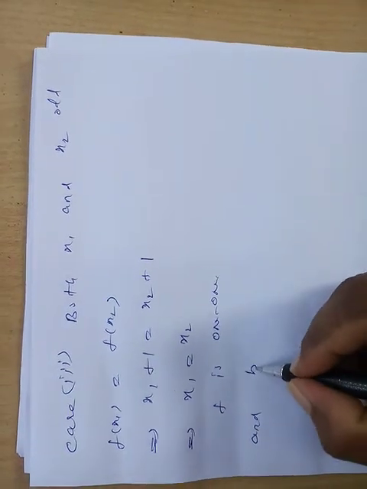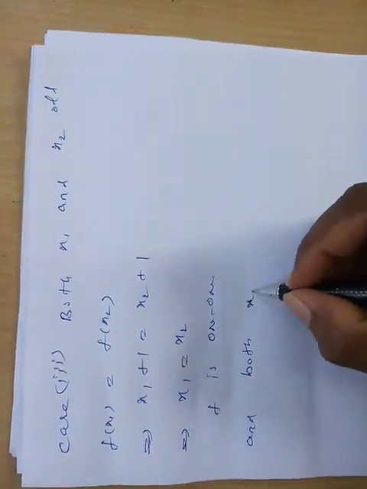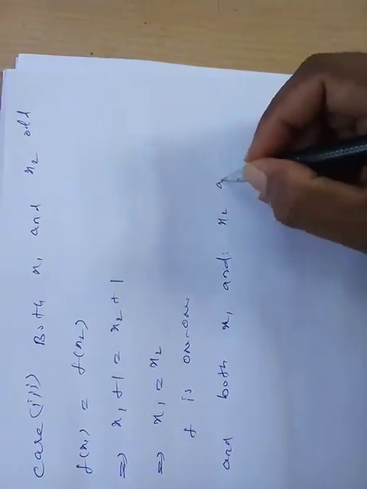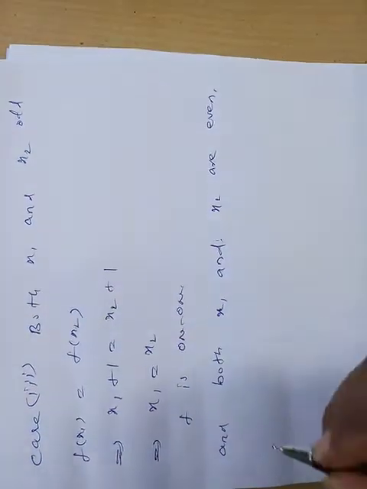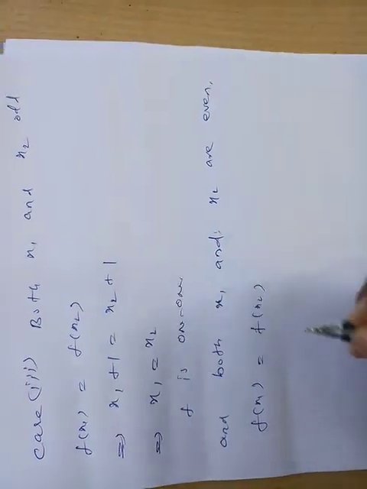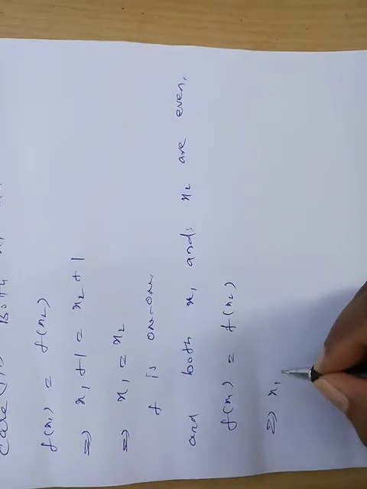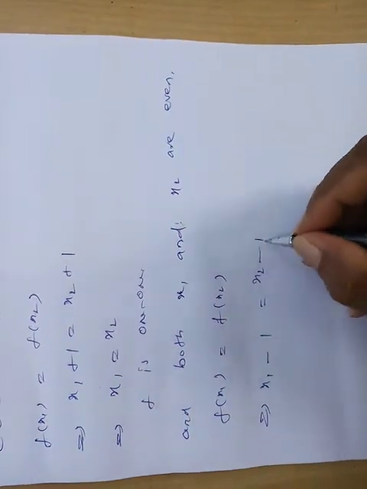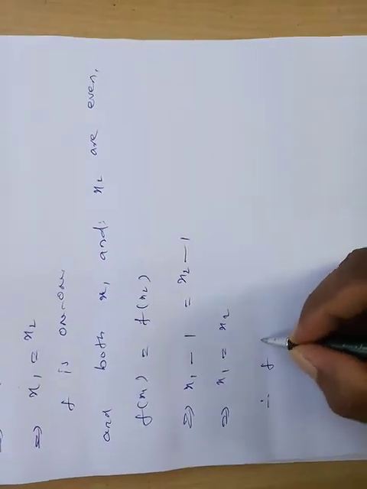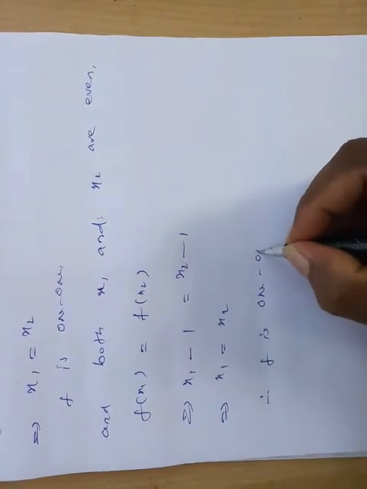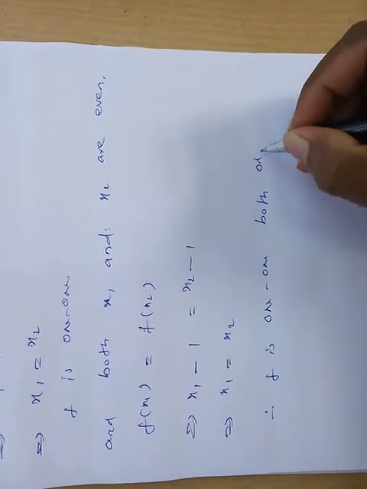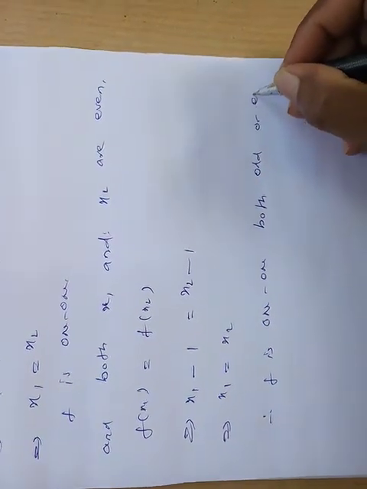And both x1 and x2 are even. f of x1 is equal to f of x2, which implies x1 minus 1 equal to x2 minus 1, x1 is equal to x2. Therefore, f is one to one, both odd or both even.